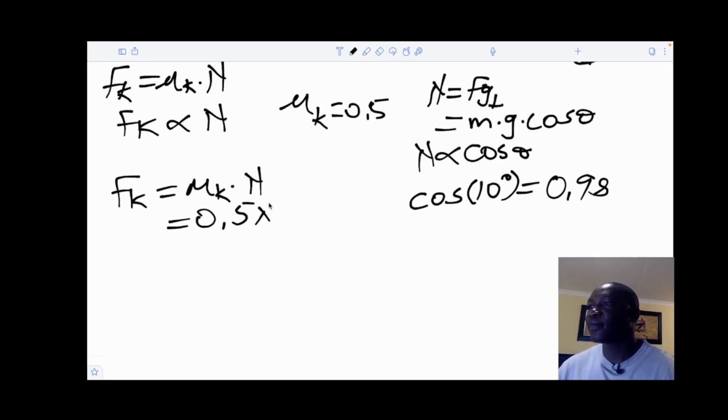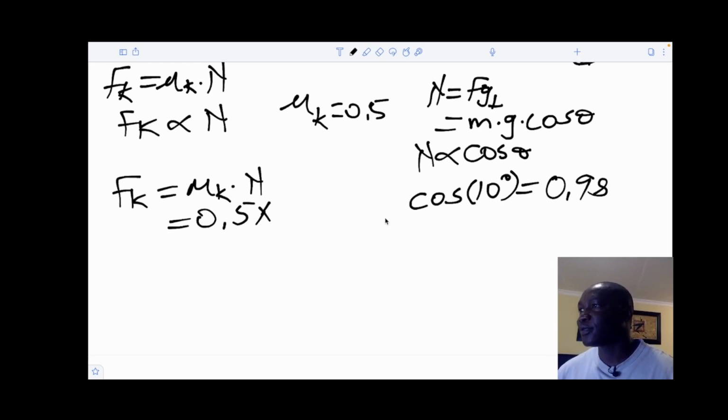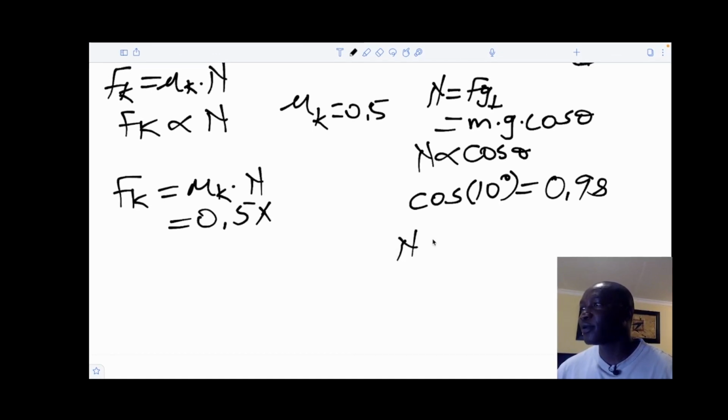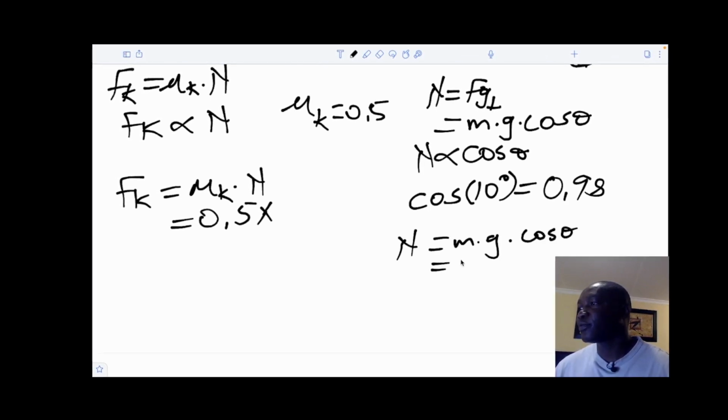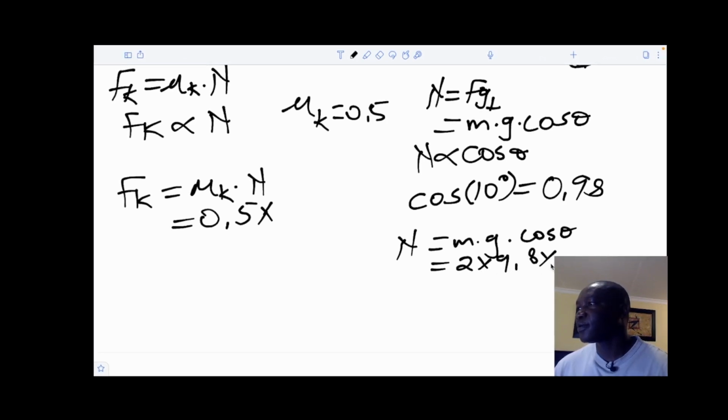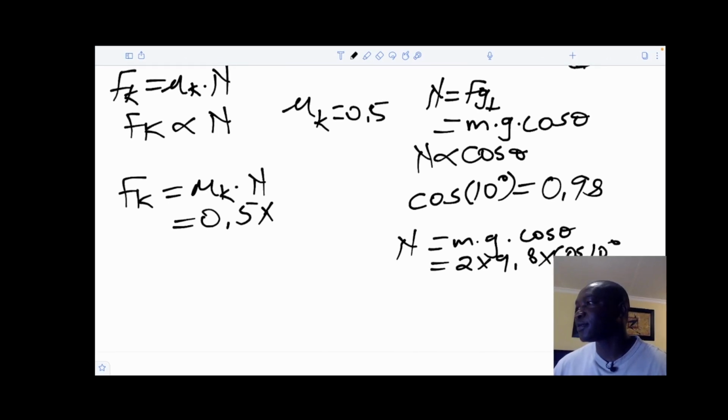We have 0.5 multiplied by the normal force, which you can calculate separately. It will be given by mg cos of theta. Your mass in this particular case is 2, so 2 times 9.8 times the cos of 10 degrees.